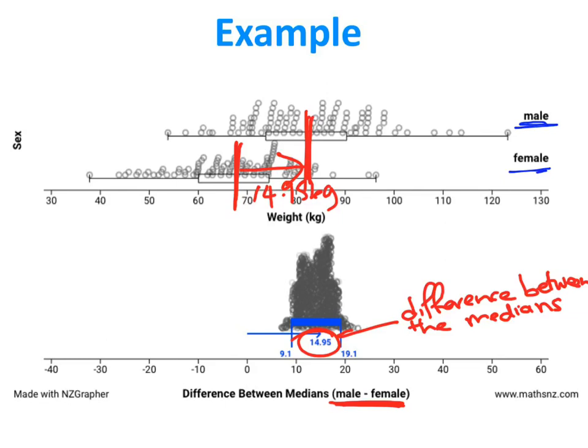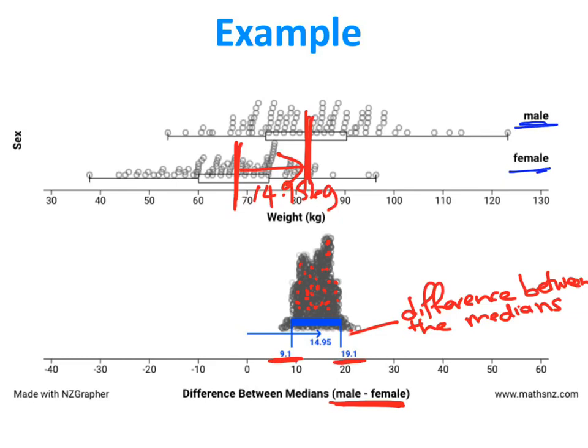Then we've got them resampled, so each dot in this distribution represents another median difference when we resample from the original data. And that gives us this confidence interval that we see. The confidence interval here goes from 9.1 up to 19.1. That's giving us a range of values that we expect the population median difference to be somewhere between.